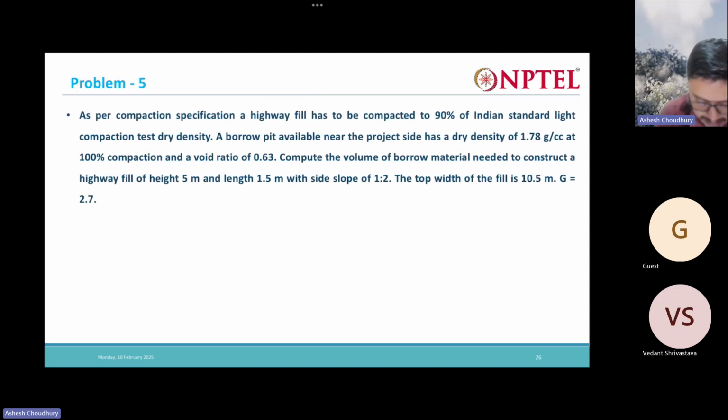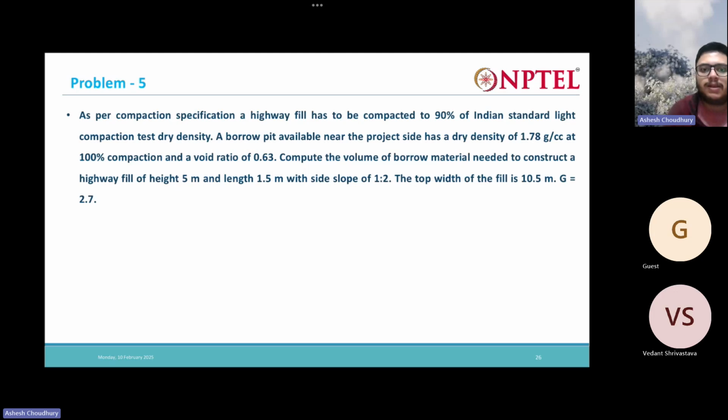Okay, now let us see this problem. As per compaction specification, a highway fill has to be compacted to 90% of Indian standard light compaction test dry density. 90% of the dry density that we get from the lab, we need to achieve while constructing the highway fill.